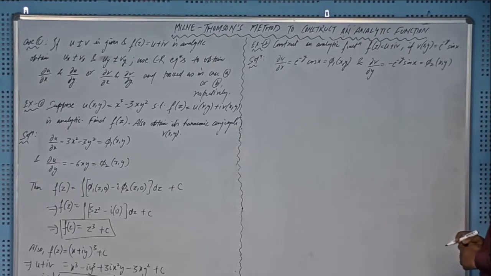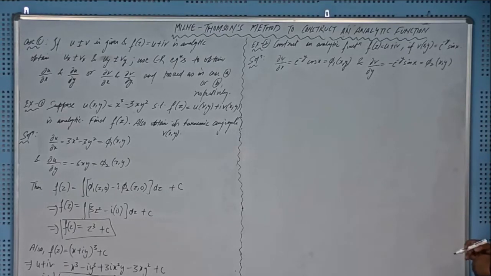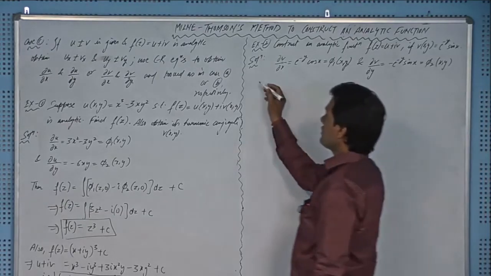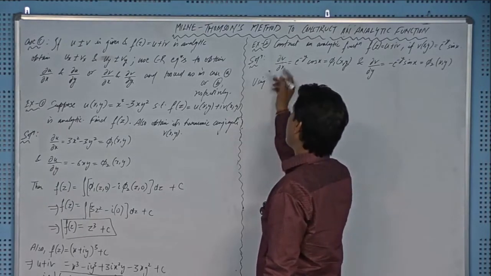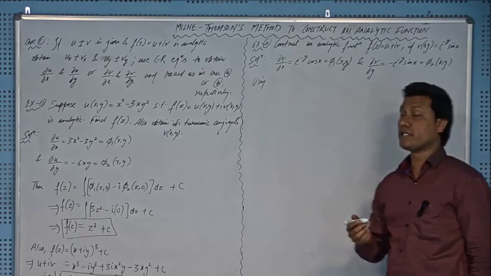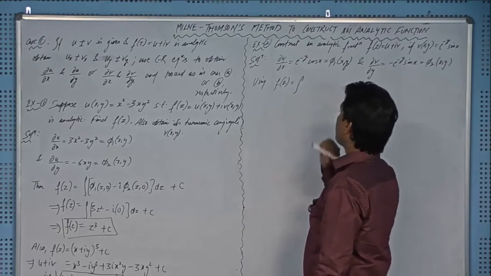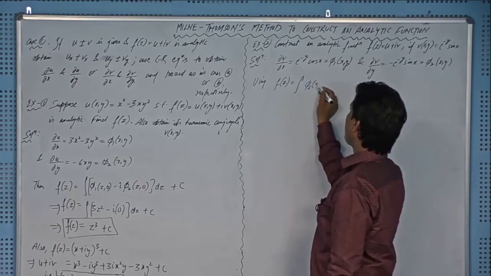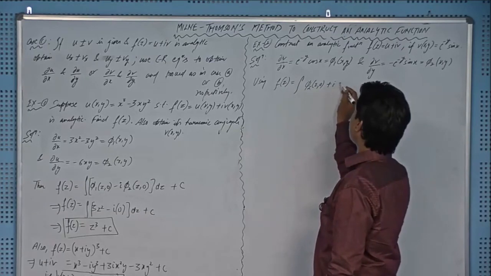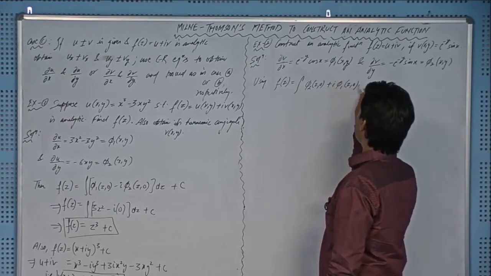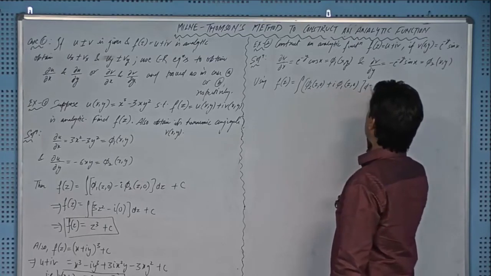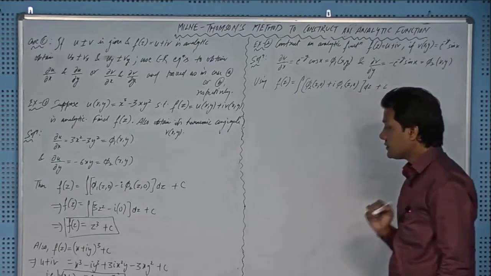And now we'll use the formula directly, right? Using the formula for this case, when v is given, that formula is f z equal to integration, first comes phi 2 z comma 0, and then comes plus iota phi 1 z comma 0, and here we had dz plus c, right? Fine.